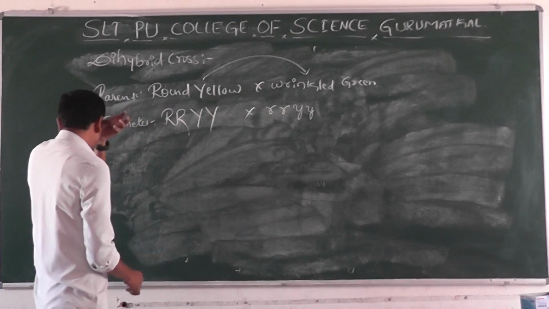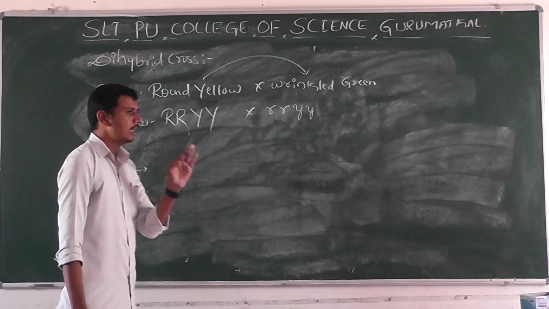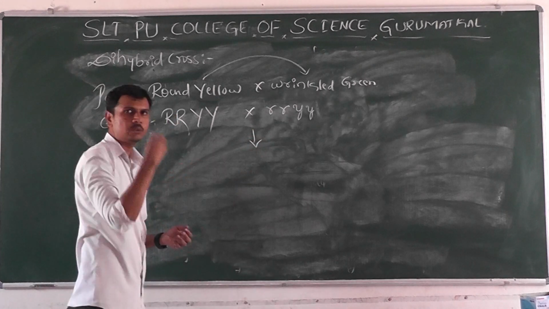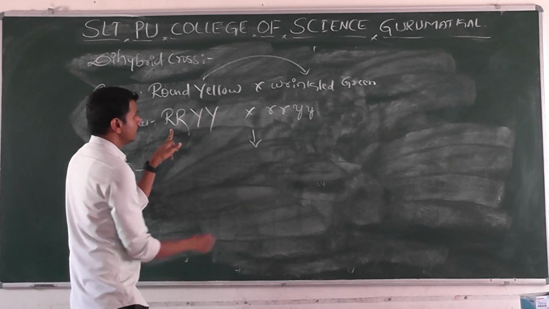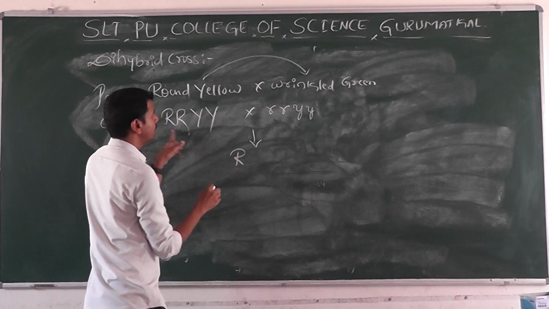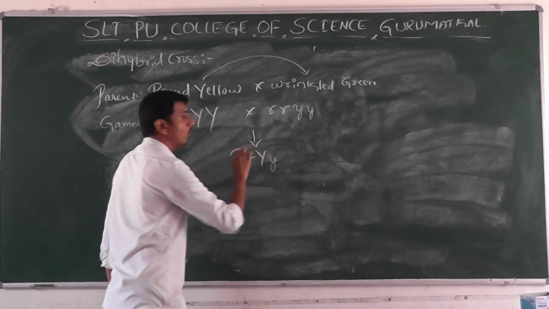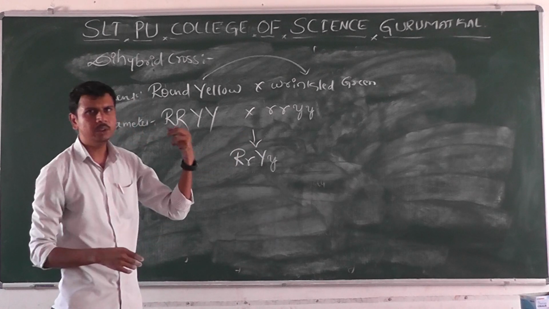Now we are going to concentrate on the F1 generation. In the case of the F1 generation, as we have seen in the monohybrid cross, it is the same here. We will get capital R, small r, capital Y, small y. When we go through the crossing section, it will undergo meiosis.